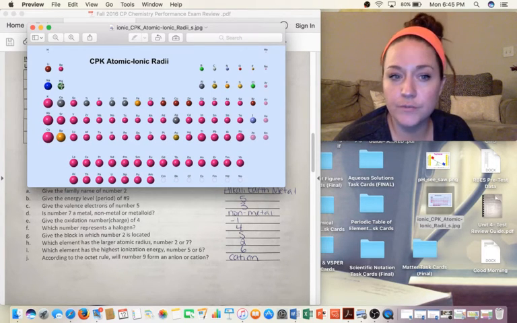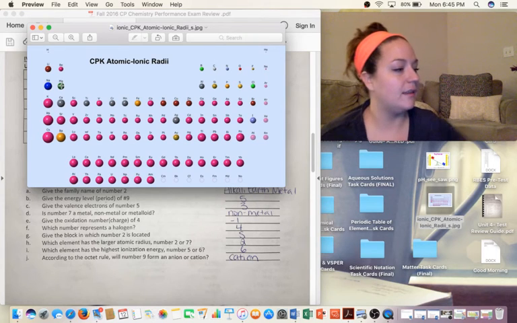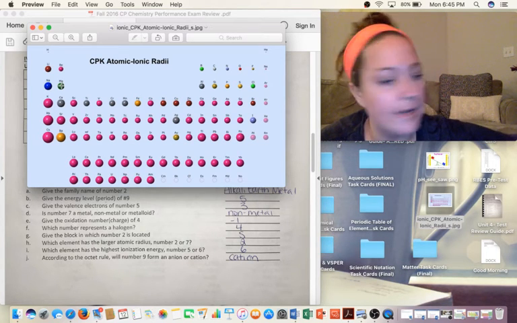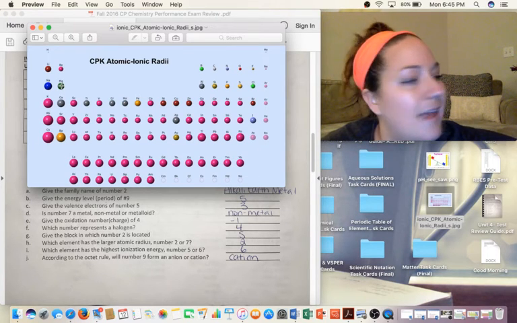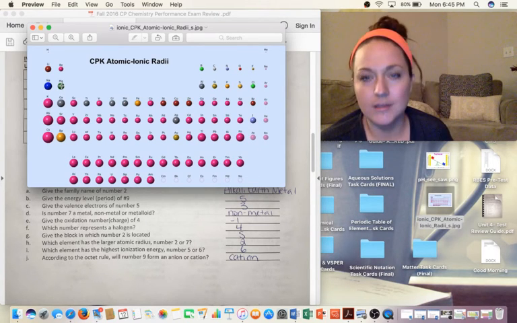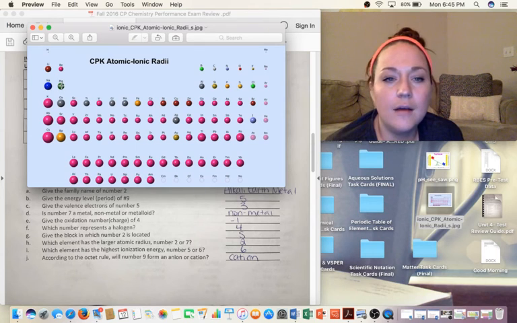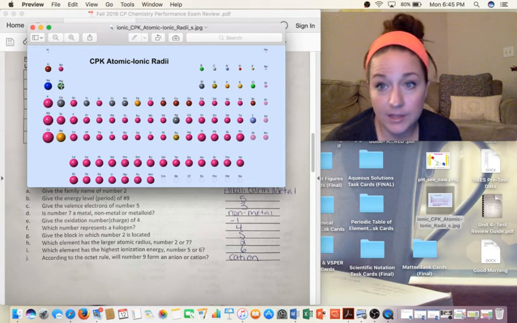Remember that these are kind of like magnets: your electrons are attracted to your protons, and they happen to be in their own electron clouds, or energy levels within the electron cloud.